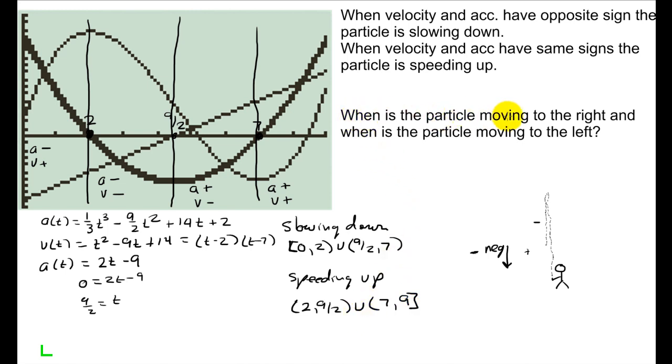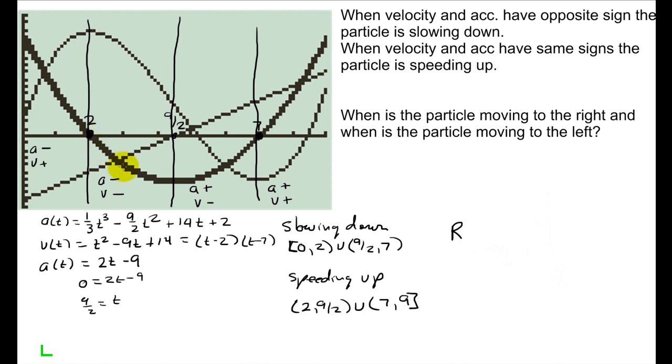When is the particle moving to the right, and when is the particle moving to the left? We know a particle is either moving left or right based on the velocity. When the velocity is positive, we're going to say it's moving to the right, and when the velocity is negative, then we're going to say moving to the left. So, right. Let's see. The velocity is positive from 0 to 2.